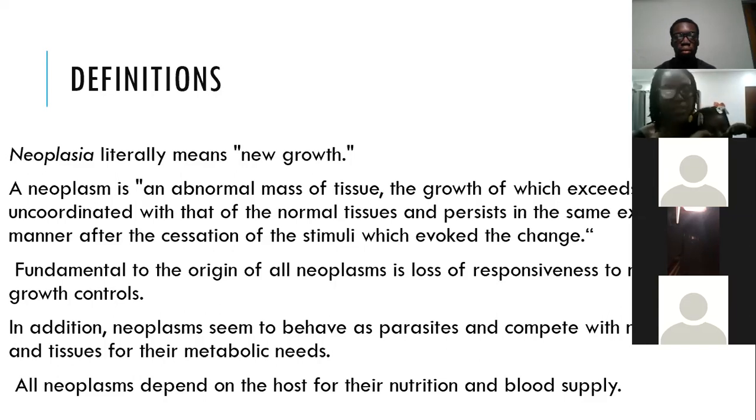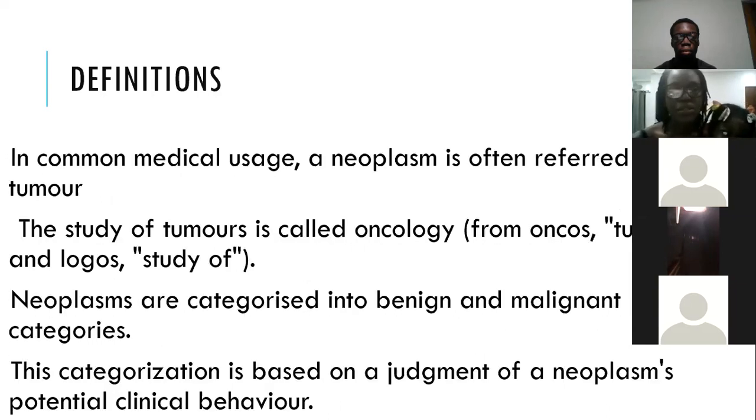Usually they compete with the tissue for their metabolic needs, and so they act like a kind of parasite and depend on the host for their nutrition and blood supply. Like I was saying, commonly when we say neoplasm, we mean a tumor, and the study of such tumors is called oncology.